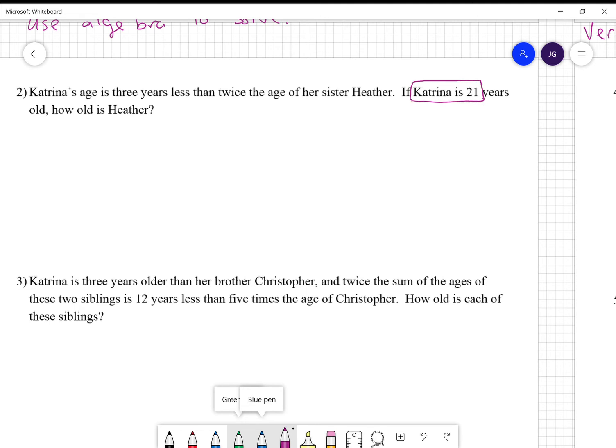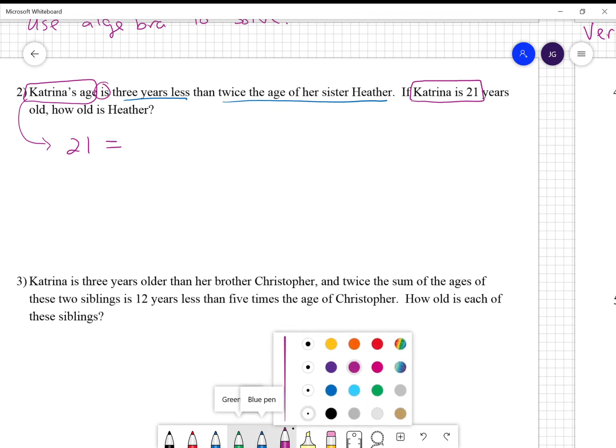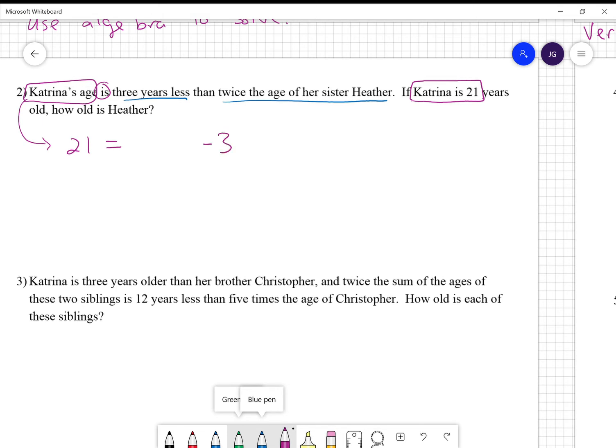Katrina is 21. 21 is 3 years less than twice Heather. 3 years less means take away 3. Twice her sister. Well, twice her sister, I don't know. And it's Heather, so twice Heather.